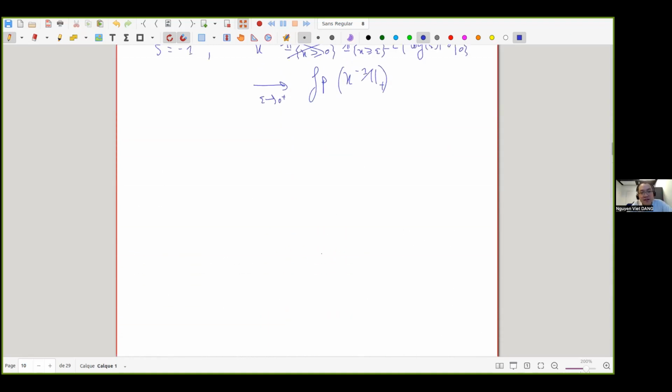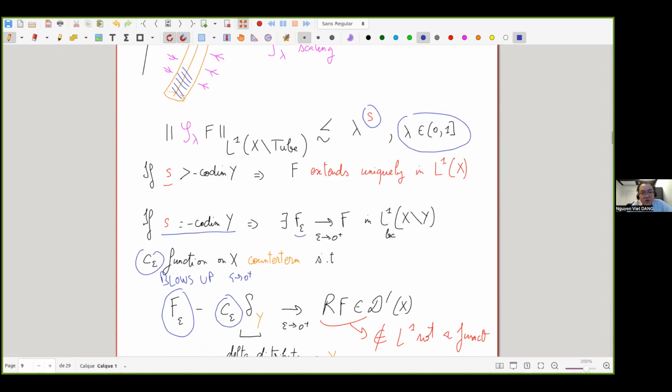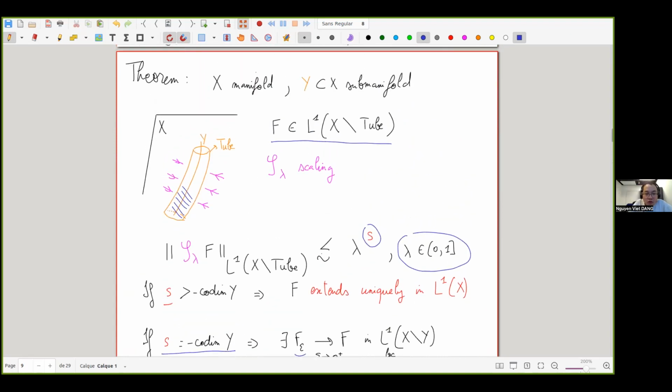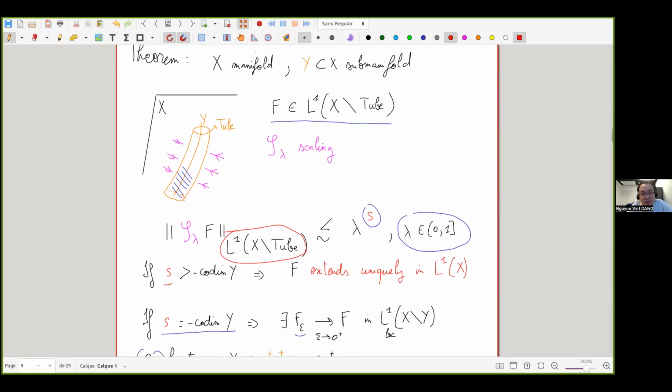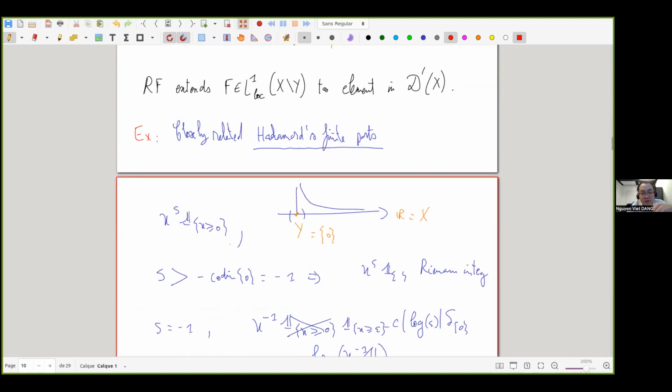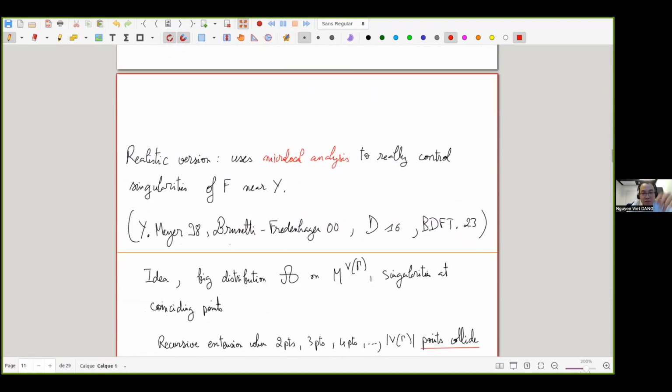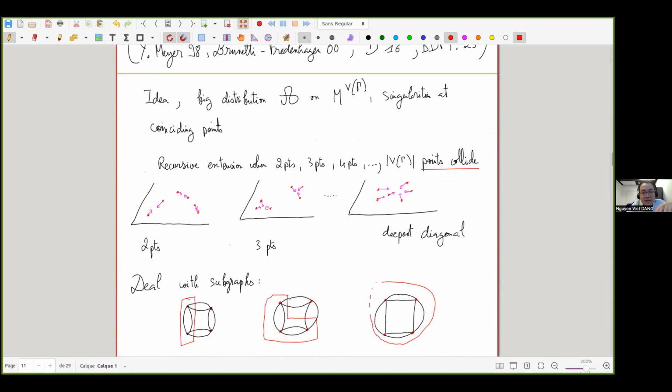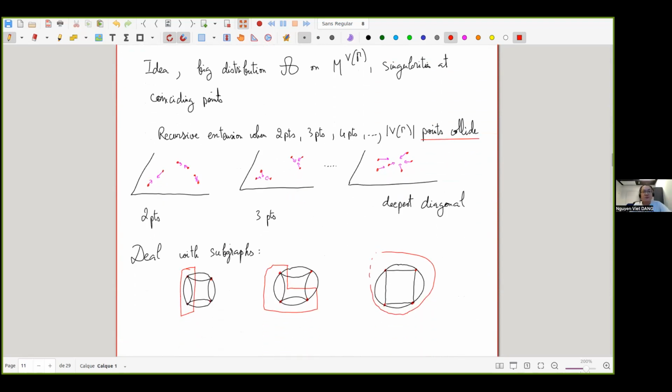You see here, since it's a toy model, I just use L1 norms to control objects. But in practice, for QFT purposes, you have to use more sophisticated norms or seminorms, but it is not relevant for this kind of example. I just wanted to make a remark.